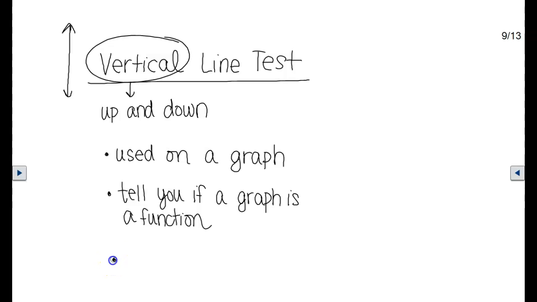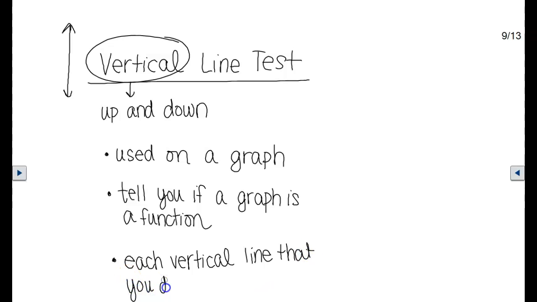Now, here's what you need to know. In the vertical line test, each vertical line that you draw on the graph can only intersect or touch one point on the graph.